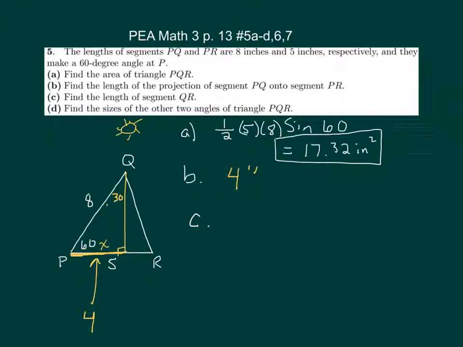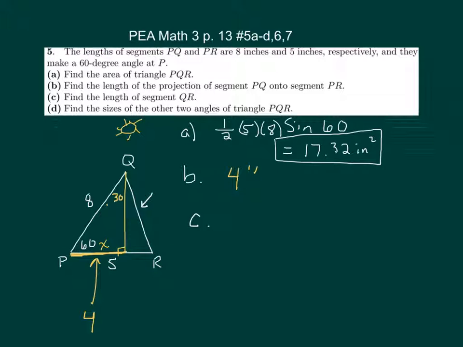Okay, now we had to find the length of QR. So we need to find this length right here. How do we start to find that? We could use law of cosines. That'll work.